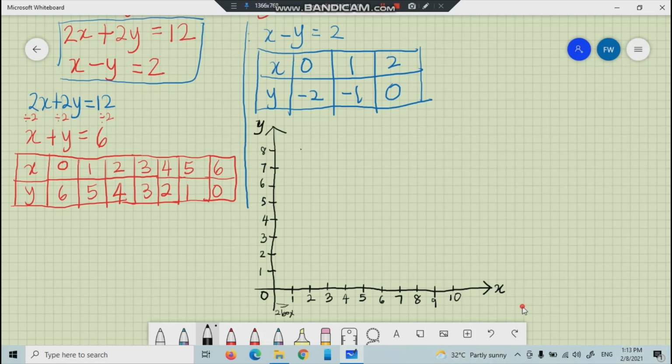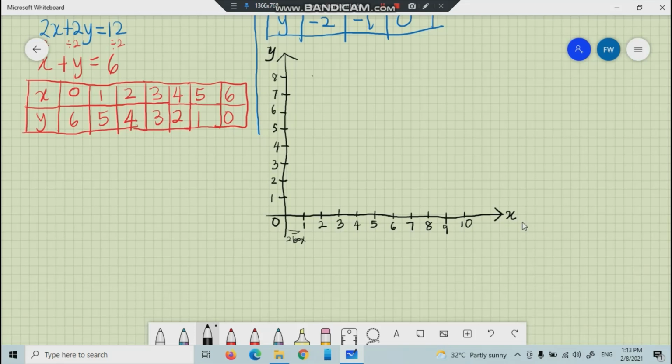So we need to extend our y-axis until we can mark our negative value. If you look here carefully, I always space out my values in 2 boxes separately. If you want to space out more boxes, you will need to make sure everything is spaced out uniformly. Okay, enough until negative 3.